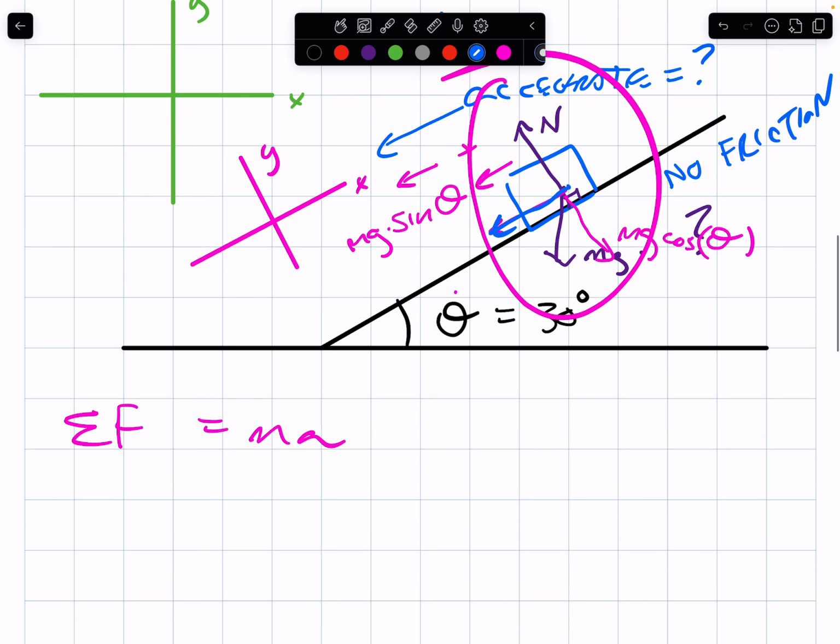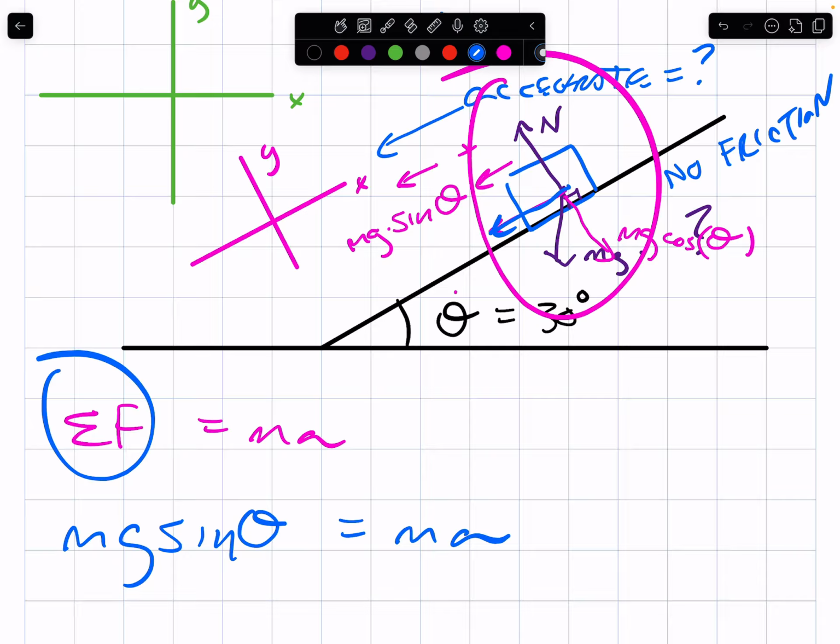That component is mg sine theta. So mg sine theta is ma. There's no friction, no opposing force, so it's not going to be mg sine theta minus some other force. There is no other force. It's just gravity and the ramp acting on it at an angle, called the normal force.